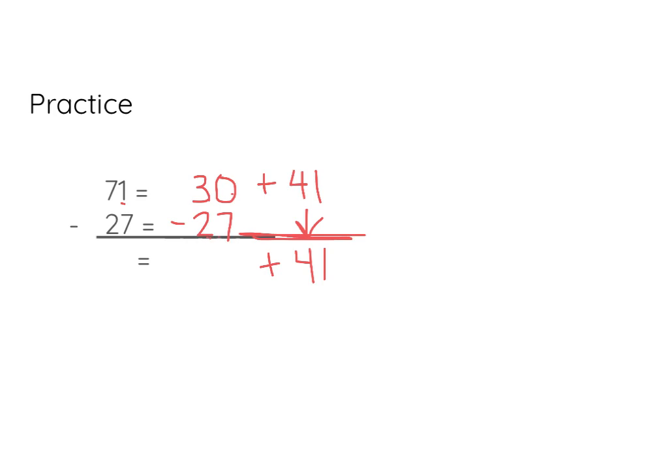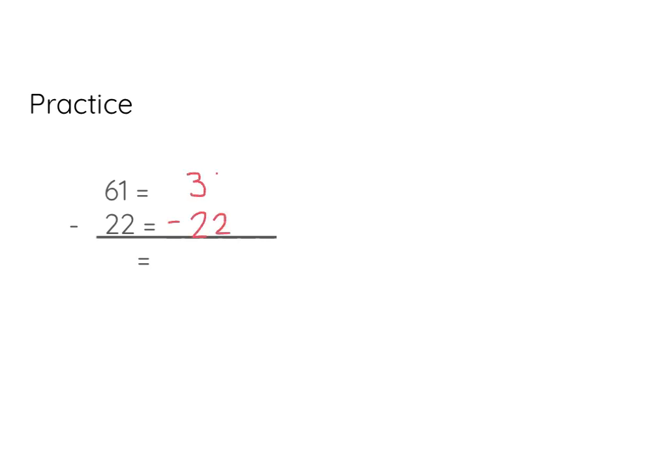And 30 minus 27, 7 and 3 are partners, so that's 3. 41 plus 3 equals 44. Okay, 61 minus 22. Hopefully you are solving these all by yourself now, and they make a lot of sense to you.